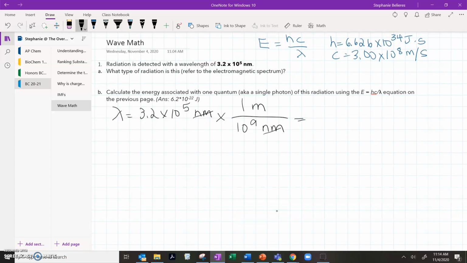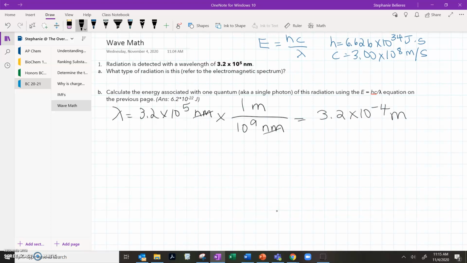So now I'm going to divide 3.2 times 10 to the fifth by 10 to the ninth. My calculator broke, so I need to do that on my phone. And that's giving me 3.2 times 10 to the minus 4. And my unit is meters.